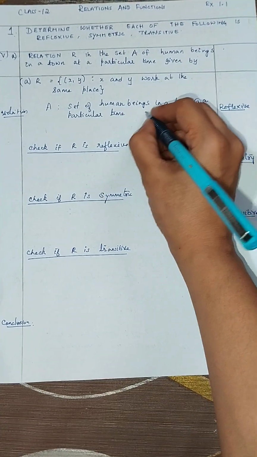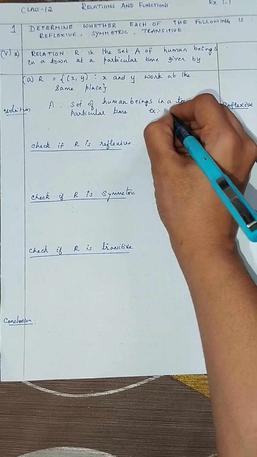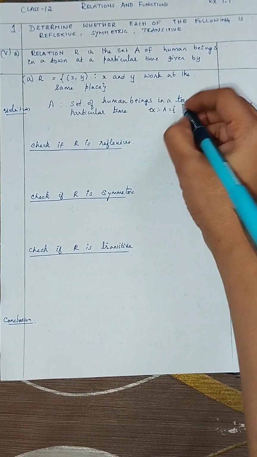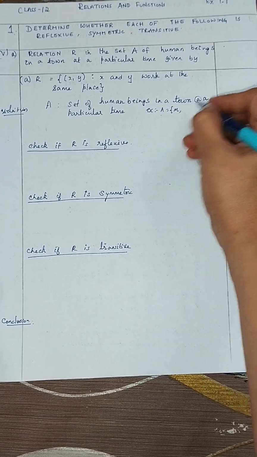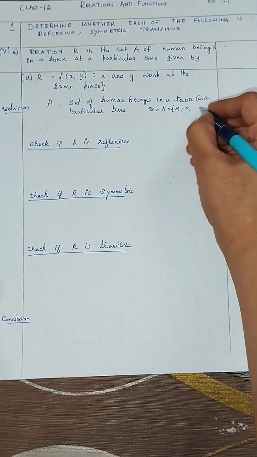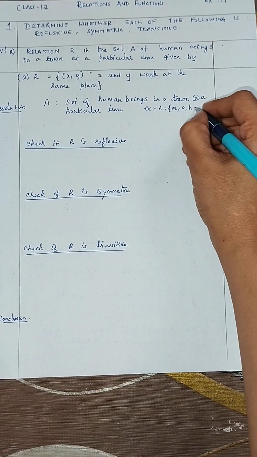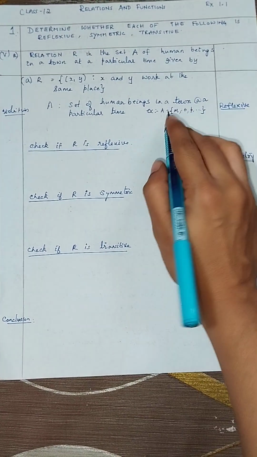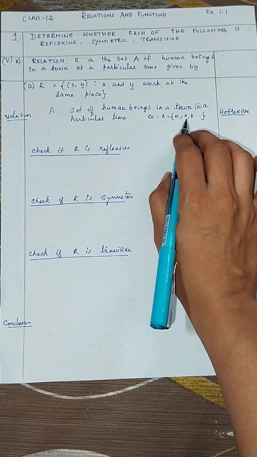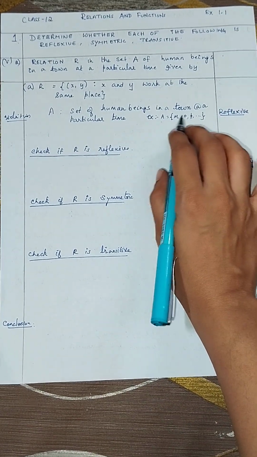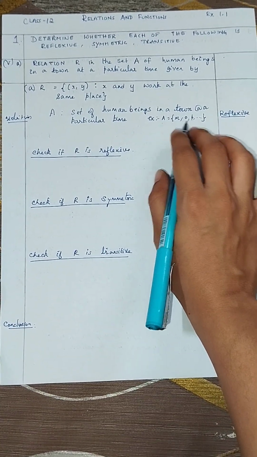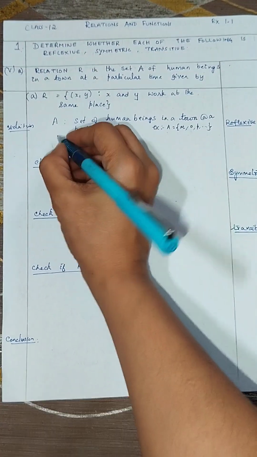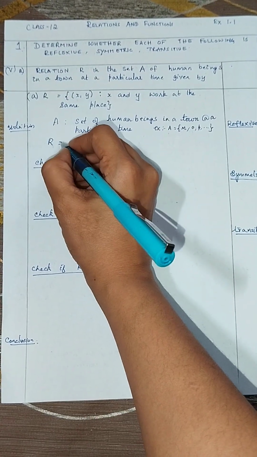Okay, so let us just take one example. A is equal to, let us say, M is a person, O is some person, P is some person, like that. So there are all the people who are working in the same town at a particular time. Now, how is the relation being defined?